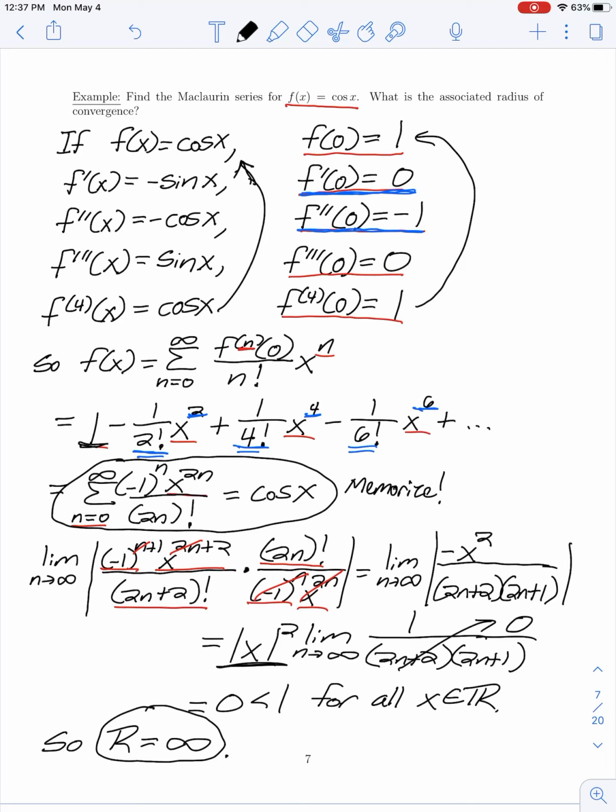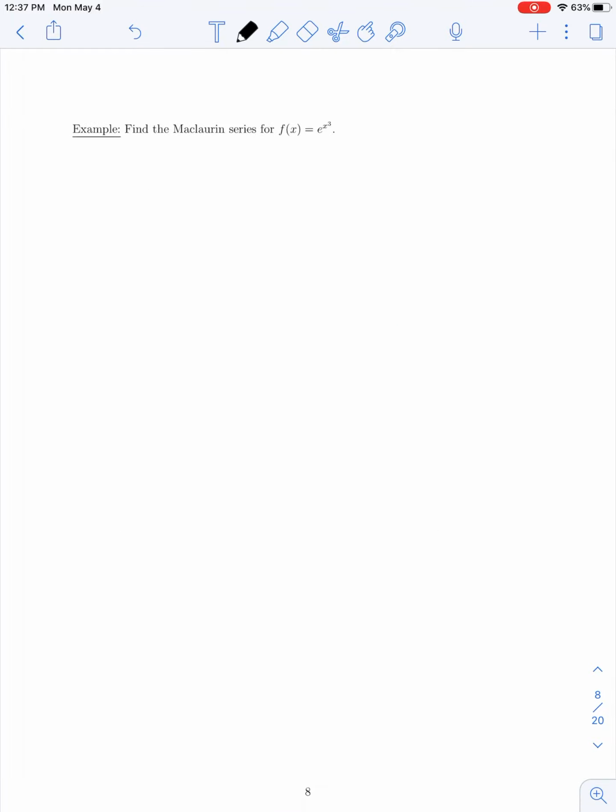So in our next example, we'll start looking at finding the Maclaurin series for functions which are related to these Maclaurin series that we found for e to the x, sine x, or cosine x, and start looking at some applications. So before we jump into some applications, let's look at how to get Maclaurin series for certain related functions.